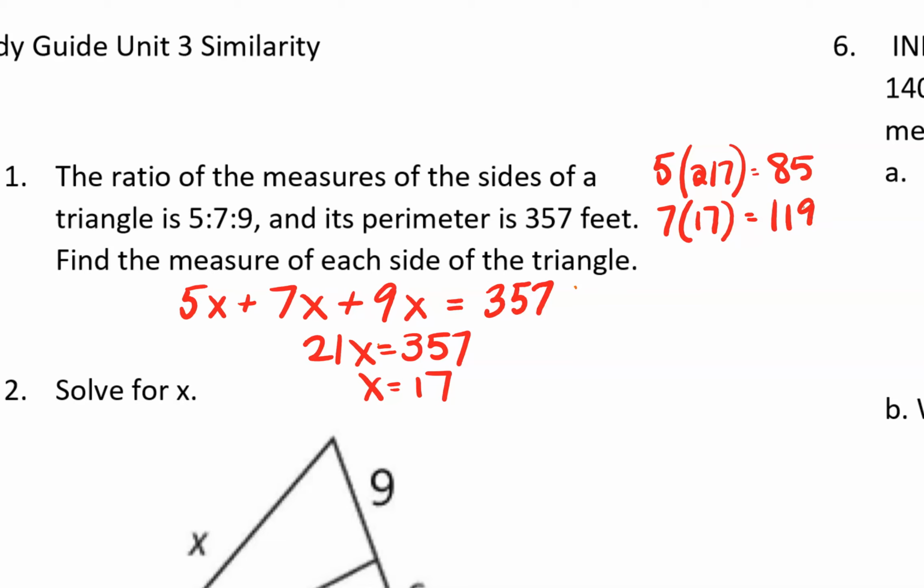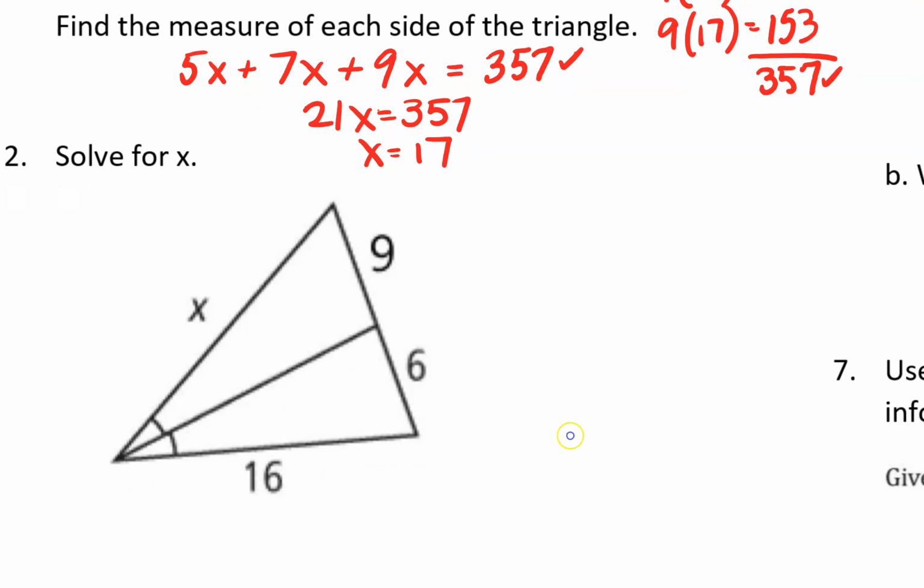And then 9 times 17 will give you 153. Add those up together. 153 plus 119 plus 85 equals 357. So each side would be 85, 119, and 153 for the triangle. That would have a perimeter of 357 in that proportion, 5, 7, and 9.